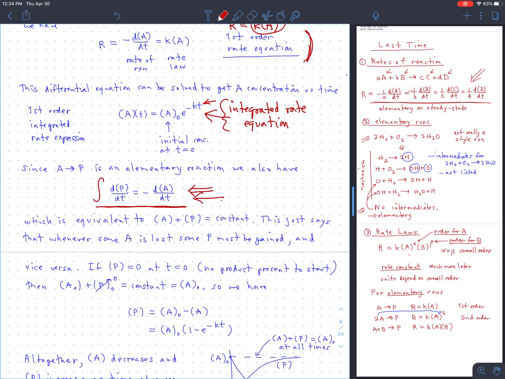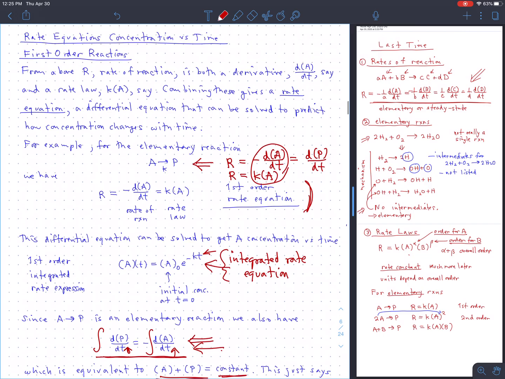And we can integrate both sides of this. And if we do, we'll get P over here, we'll get A over here, and that means that the concentration of A plus the concentration of product has to be equal to a constant.